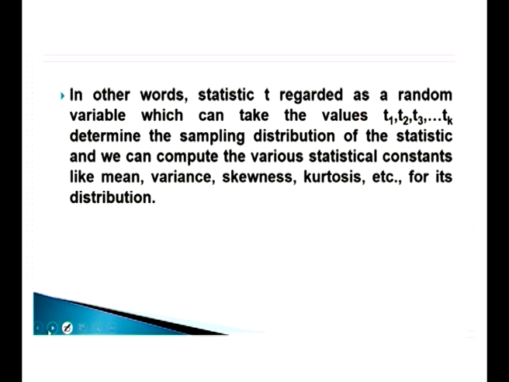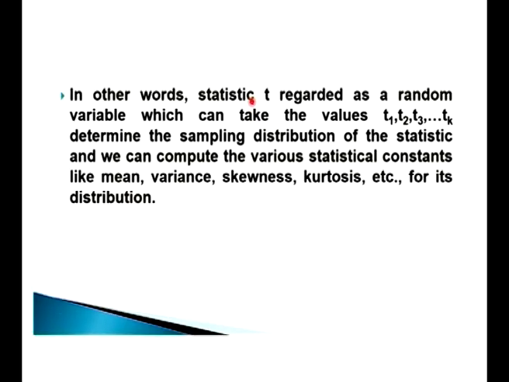And we can compute various statistical constants like mean, variance, skewness, kurtosis, etc. for its distribution. Just recall, in the binomial distribution, the random variable x takes the values 0, 1, 2, 3, etc. up to n. When we discussed the binomial distribution, it was about x successes out of n trials, where x takes the values 0, 1, 2, 3, etc. up to n; it is countable.